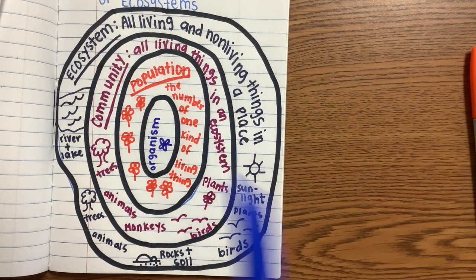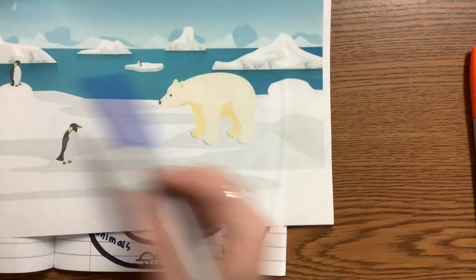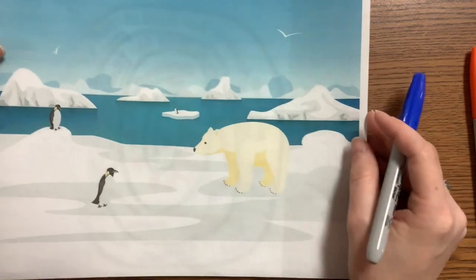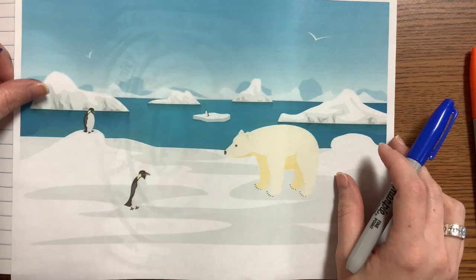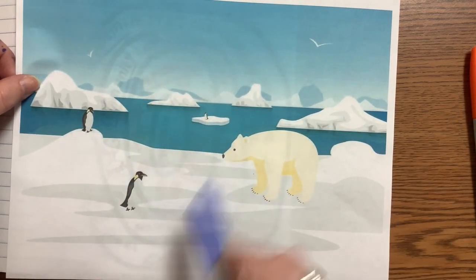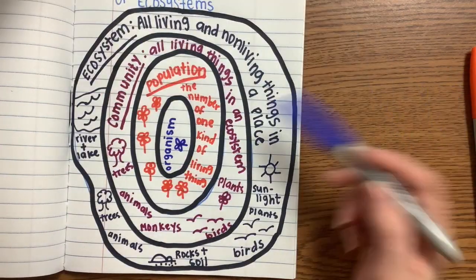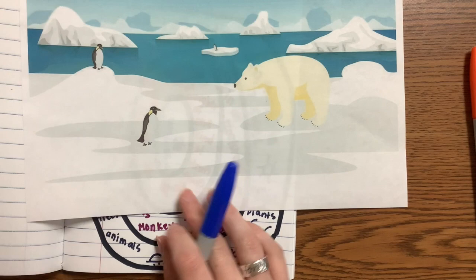Then it gets even smaller and we pick a population, the number of one kind of living thing. So look at the penguins. There are three penguins. There is a population of 3 penguins, because we just count the penguins, we don't count the polar bear or the birds. And an organism, one penguin, is one organism.